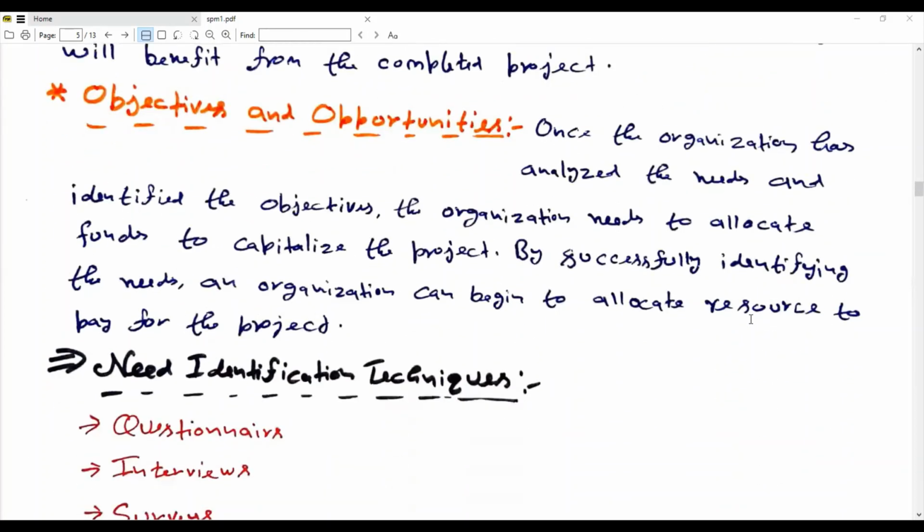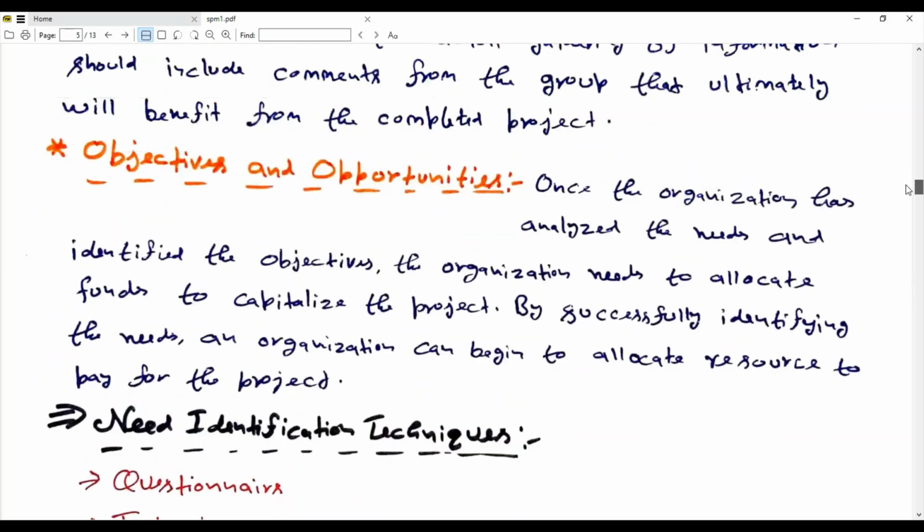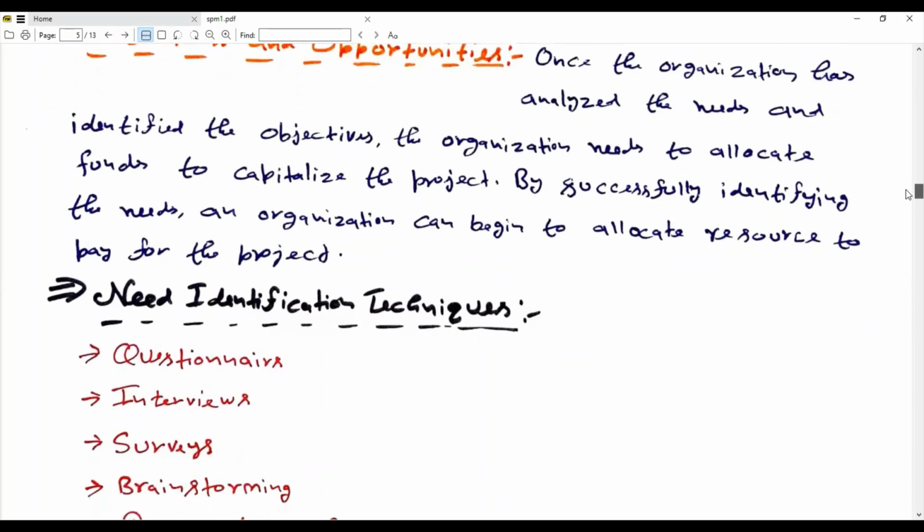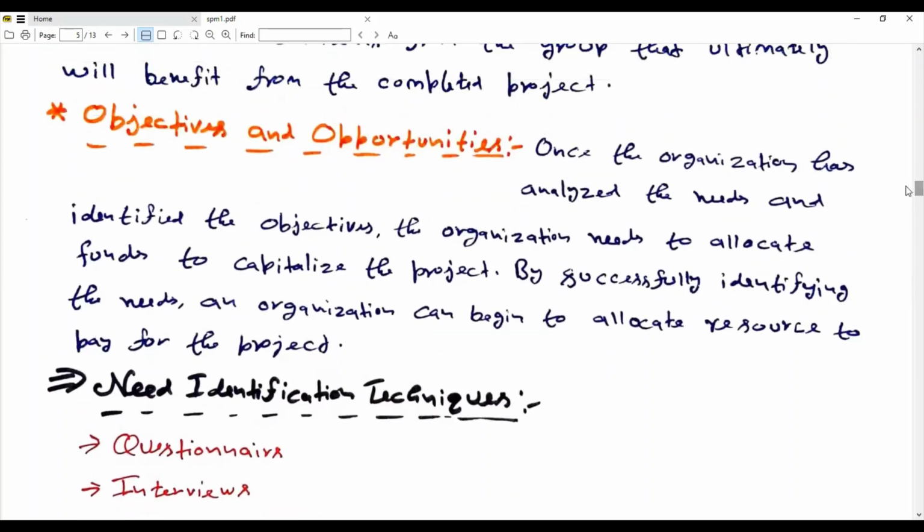The next process is objectives and opportunities. This is the most important step. This will tell us what we will have to do. Once the organization has analyzed the needs and identified the objectives, it needs to allocate funds to capitalize the project.